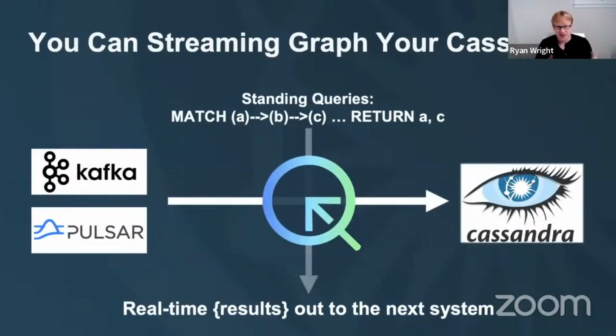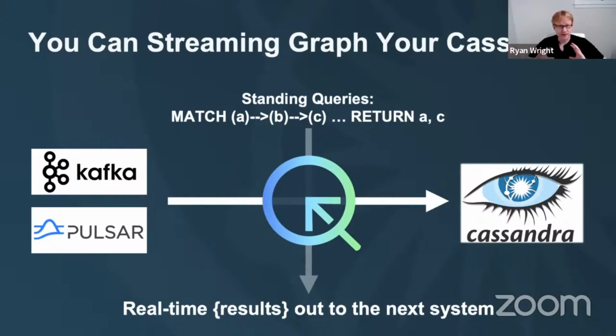And so if you want to try using streaming graph together with your Cassandra deployment, it's really a matter of: set up your Cassandra system, start Quine and configure it to use Cassandra, and then an API call will start Quine consuming from your Kafka and Pulsar streams. Data comes in, it gets formed into a graph using what we call an ingest query. So take each record out of Kafka, form it into a graph shape. And as that graph gets built and changing dynamically, you can issue what we call a standing query over top of it to say, monitor the graph for these complex patterns I care about.